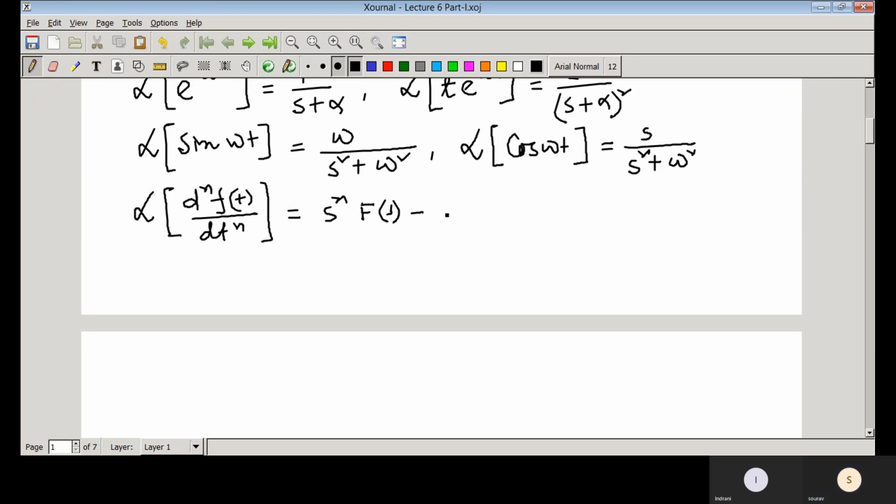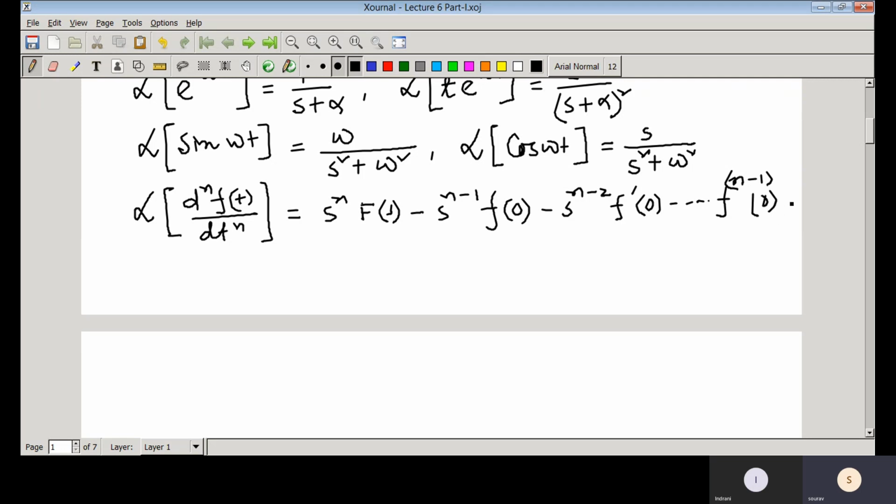Then minus s to the power n minus 1 f(0), then minus s to the power n minus 2 f dash (0), where f dash is the first order derivative of the function evaluated at t equal to 0, and so on up to the n minus 1 order derivative evaluated at t equal to 0.